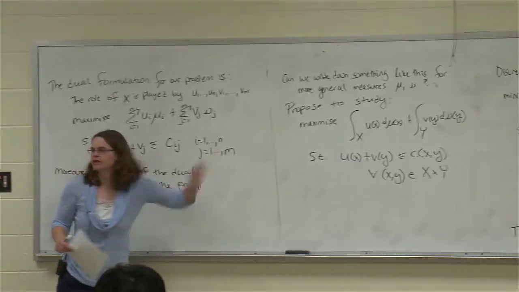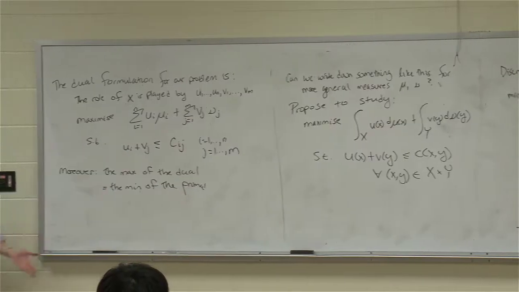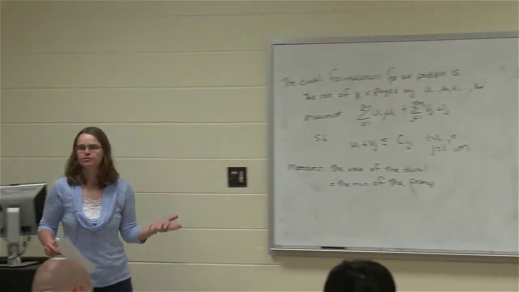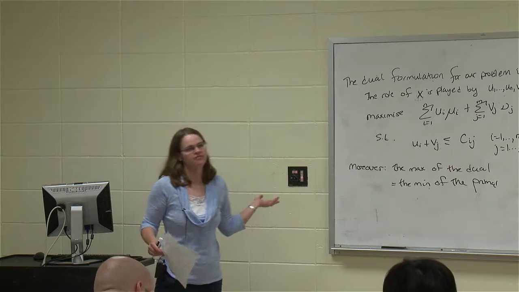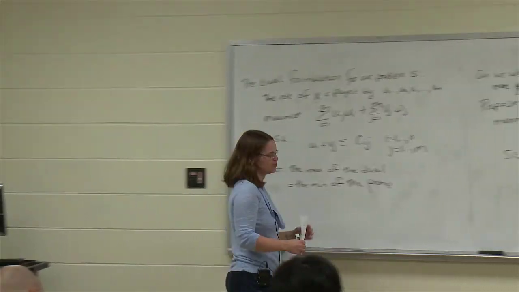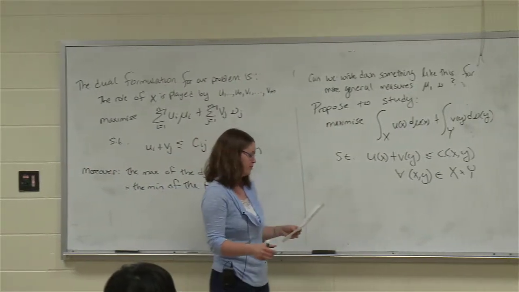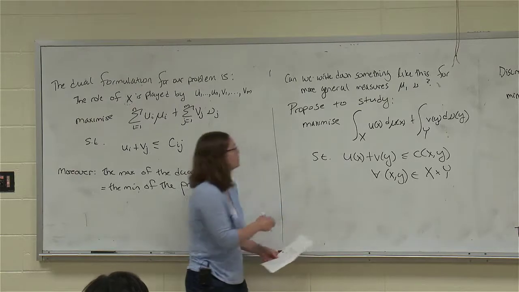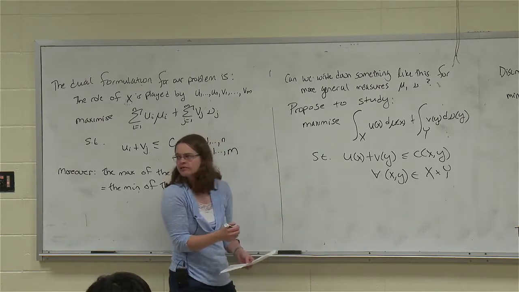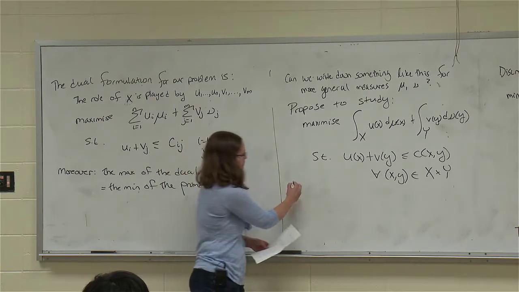Again, I haven't claimed at this point that this is useful at all. I just wrote down a problem which may or may not have a solution. It may or may not have anything to do with optimal transport, but hopefully it has something to do with it. I'm going to write down some shorthand for my constraint set.